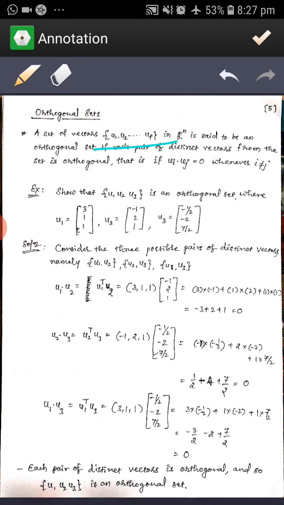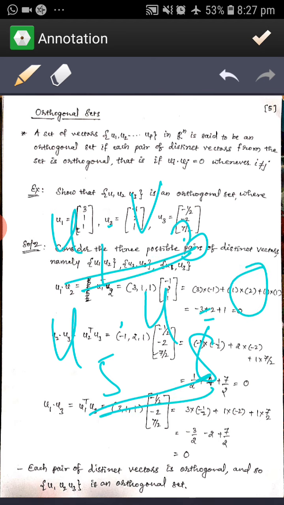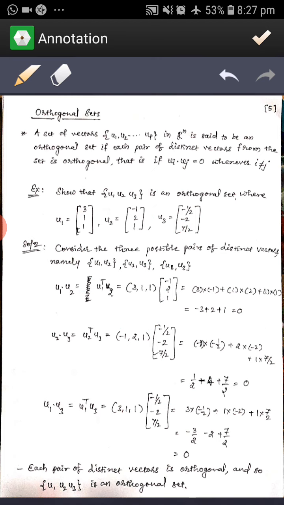Means if there are vectors u1, u2 up to un, then for any pair, for example u1 dot u3 or u5 dot u8, the dot product should be 0. If any pair's dot product is 0, then we say that the whole set is an orthogonal set, a set of vectors.